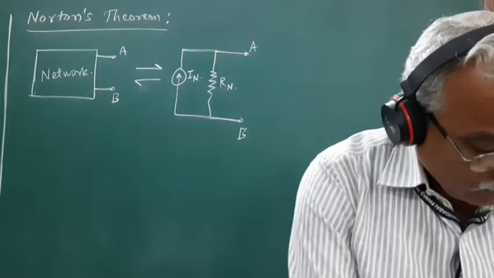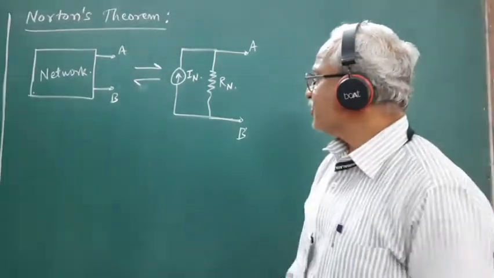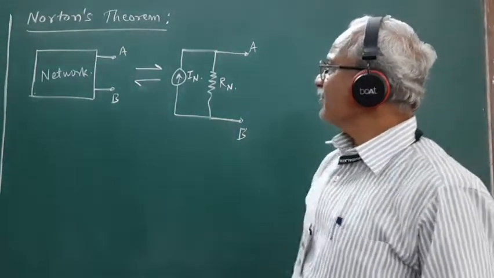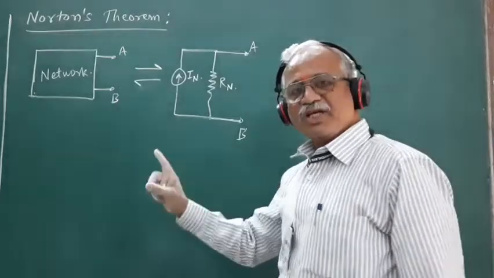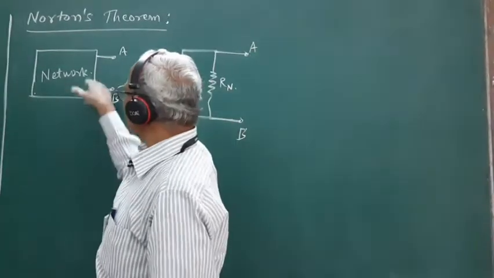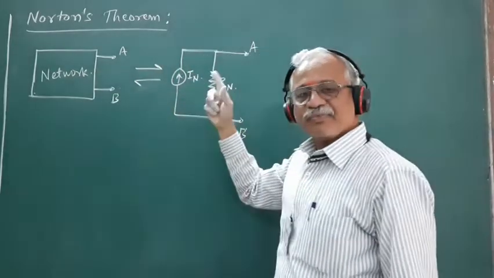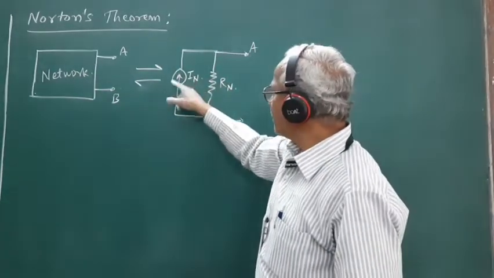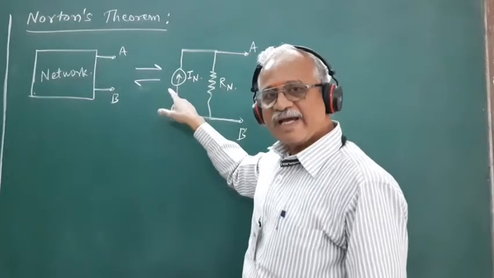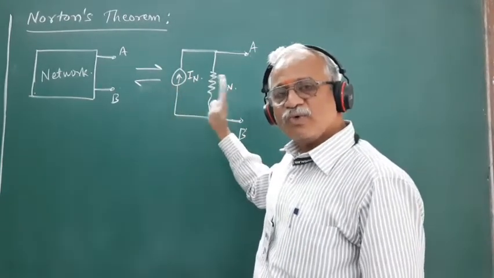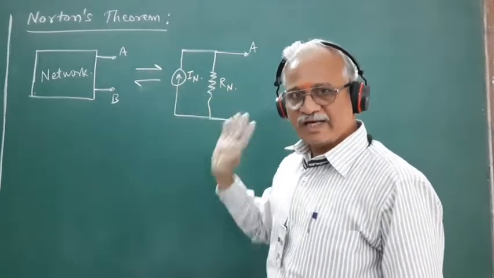So, when we have such a situation, in accordance with Norton's theorem, any complicated network can be replaced by a parallel circuit consisting of a Norton current source IN in parallel with Norton resistance RN.